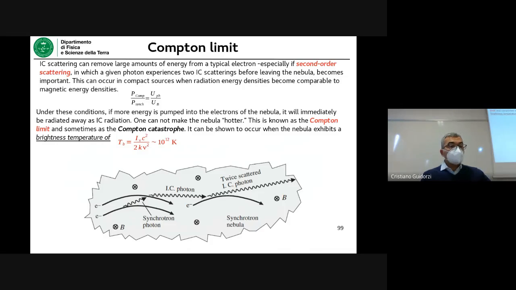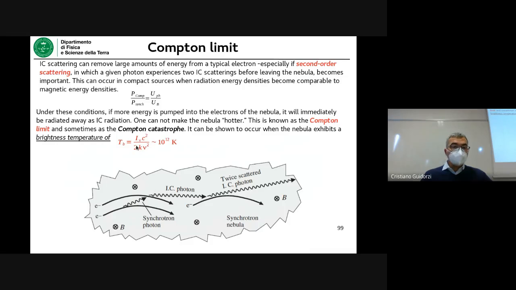And given that the Compton scattering has a comparable power in this case, you have a huge increase. But you know that particularly when you have two scatterings for a single photon, the amount of energy which is leaving is considerably higher. So it's a mechanism such that you cannot go beyond, because you try to make electrons a little hotter, and you immediately have a strong dissipation of energy thanks to the multiple inverse Compton scattering.